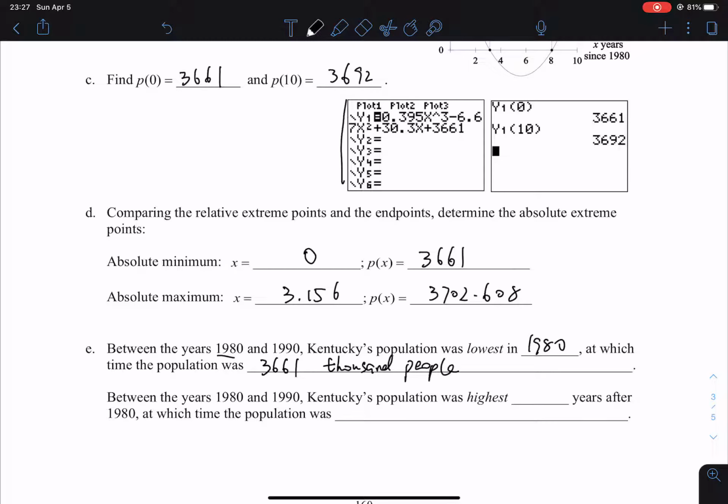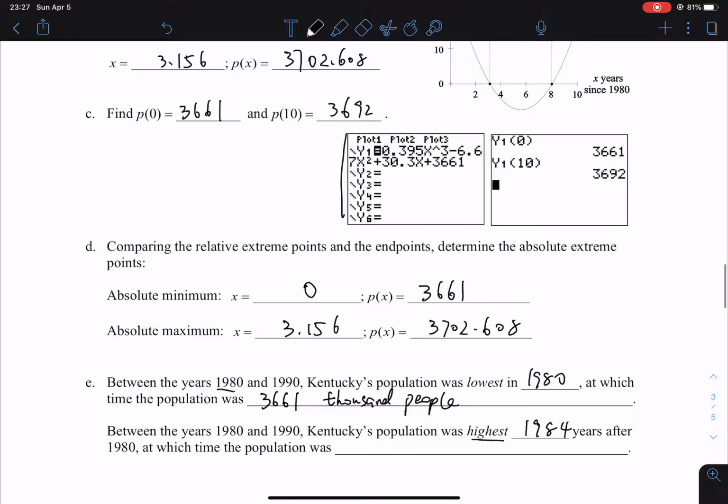And similarly, highest means the absolute maximum point. It's 1984. Pay attention to the difference between these two questions.